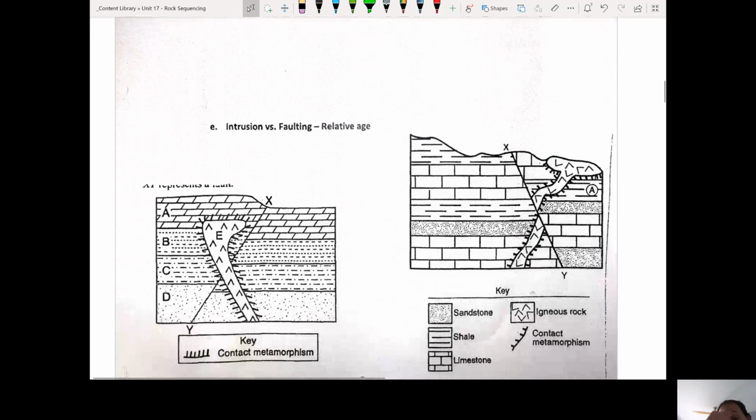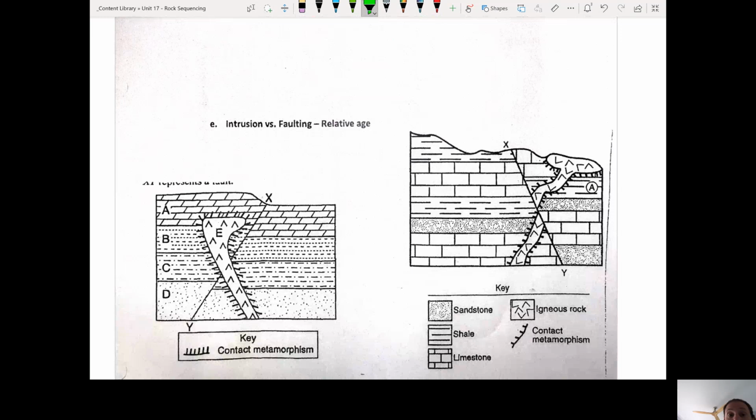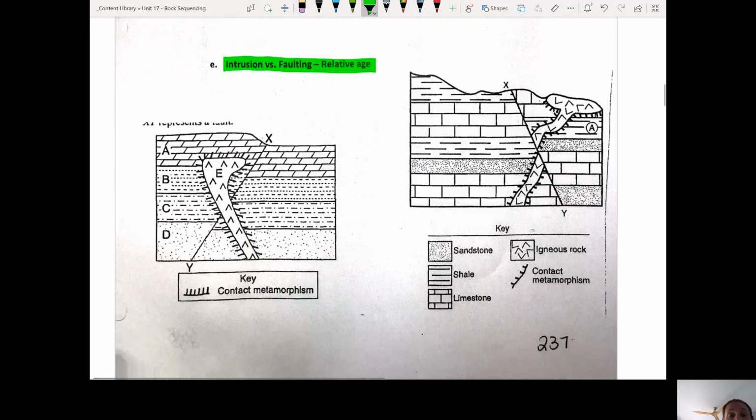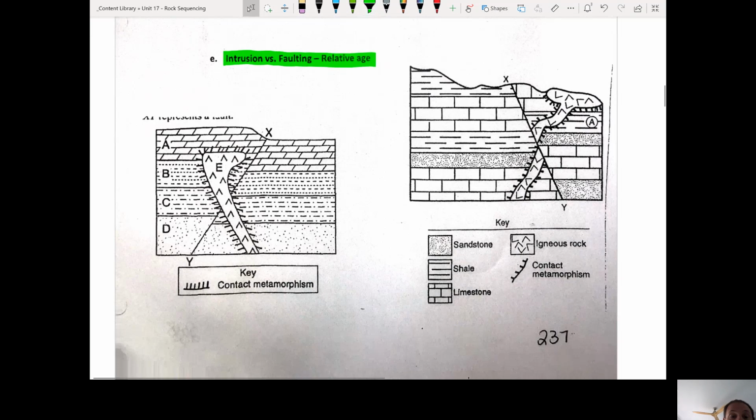Now what we're going to do is compare an intrusion versus faulting and try to get the relative age. If you notice in this first diagram, we have our fault XY, and then we have intrusion E. And in this diagram, we have fault XY and we have the intrusion right here, which I'll go over in red.